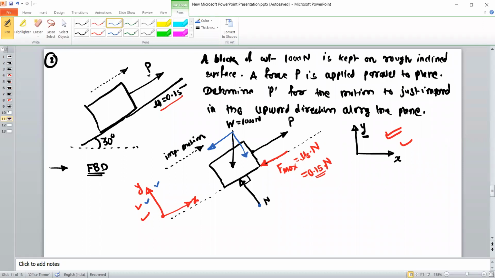Okay. So for W, you can refer to this angle, 30 degree. So this angle will be the same, that is 30 degree. You can find out that angle. Just extend this and extend this line.